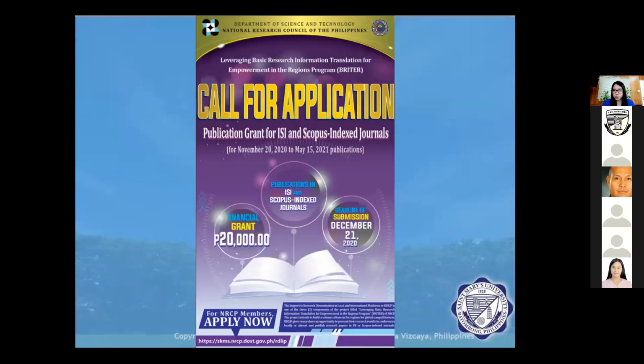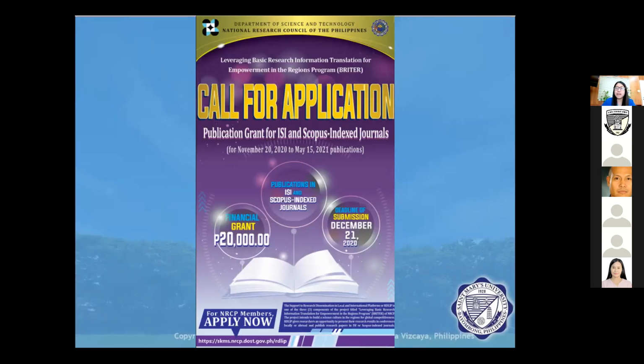And if we are also going to consider the National Research Council of the Philippines, an organization of the DOST, based on this advertisement for call for application, because they are just considering ISI and Scopus indexes, it means this is their standard.